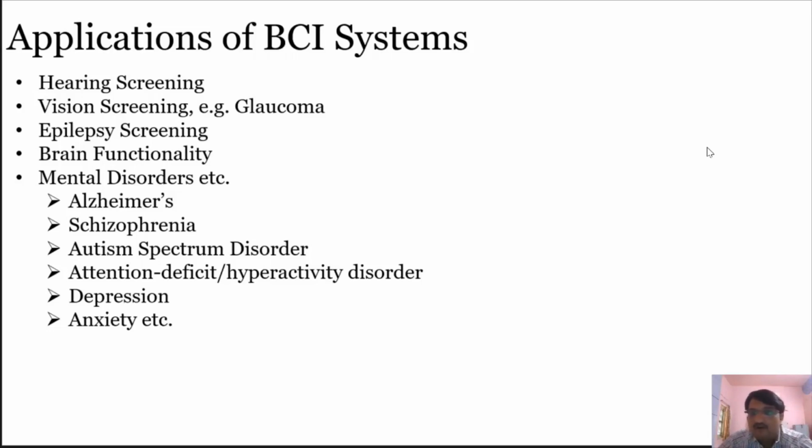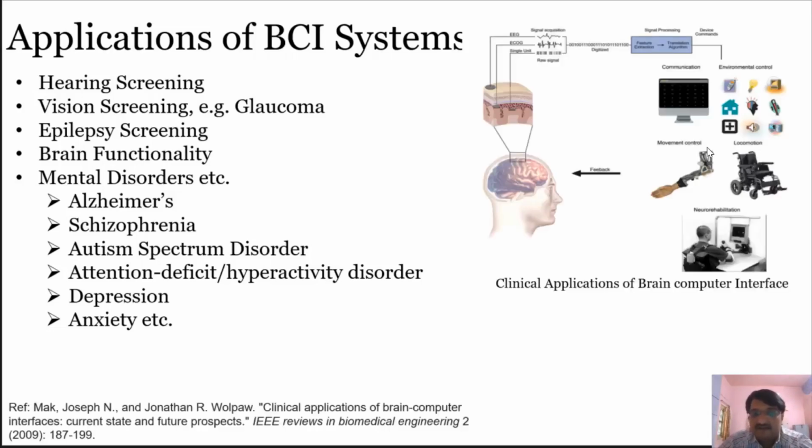If I talk about some other applications, this is a very nice review in IEEE biomedical engineering. It shows that we will only focus on EEG. If you go intracranially, then you can record ECoG, electrocorticography, but we will be focused on EEG. It gets digitized, and then feature extraction and algorithms follow.